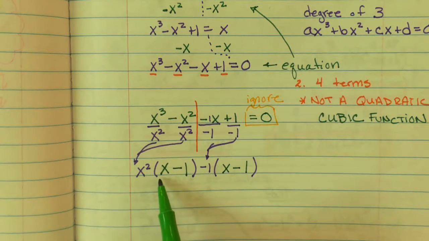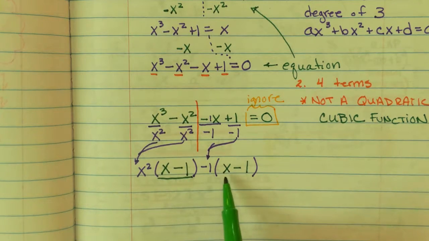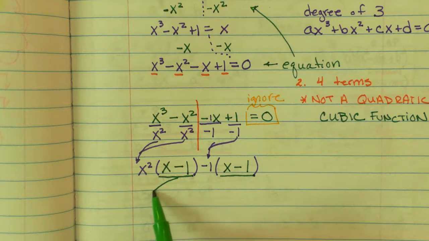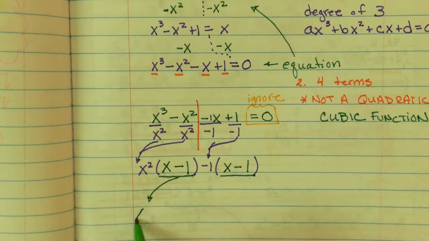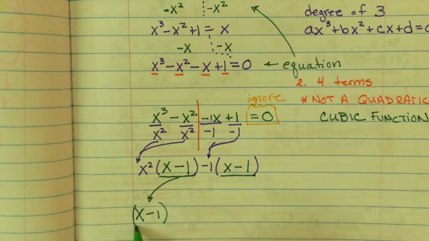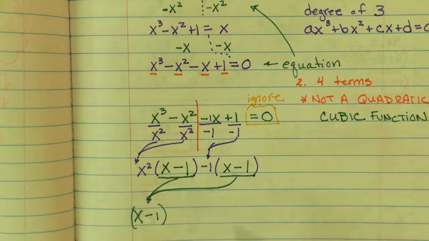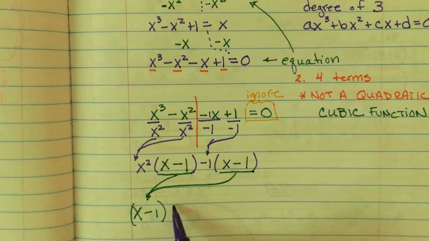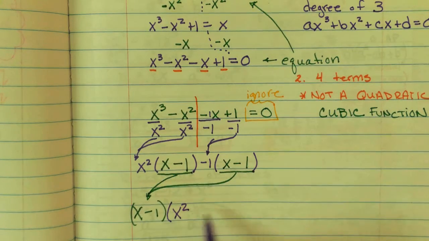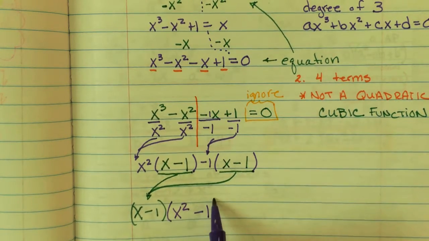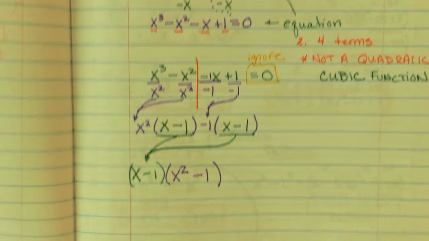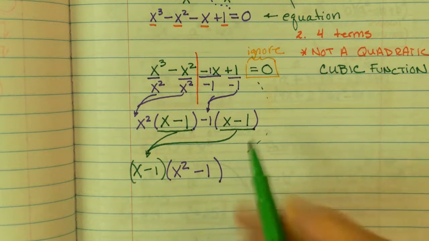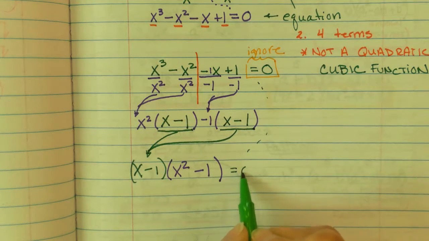So if you notice, x minus 1 and x minus 1 is the same term, so I can factor that out to the front, and what am I left with? I'm left with x squared minus 1. Okay, so I'm going to just bring this down so I don't forget it. That's equal to 0.